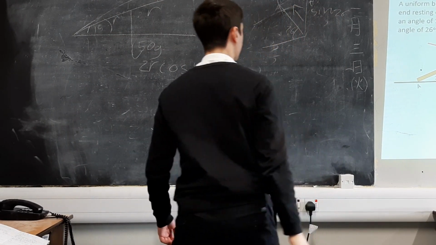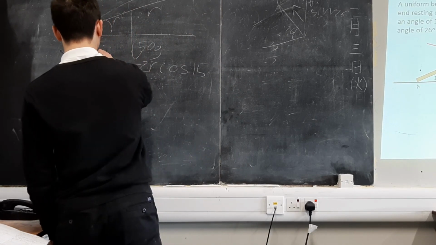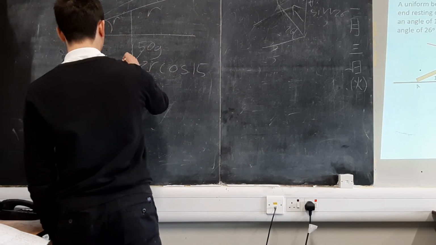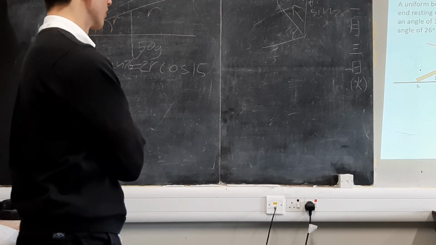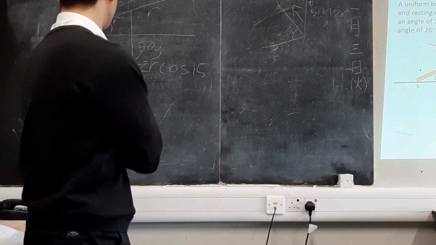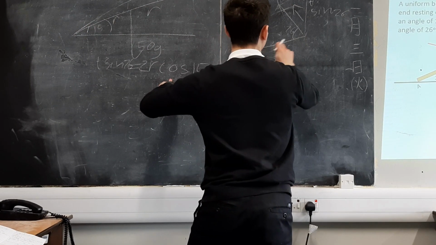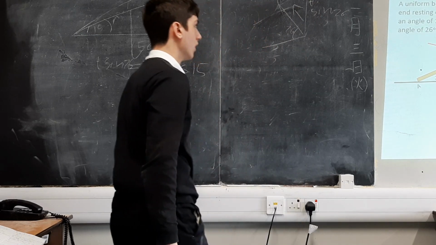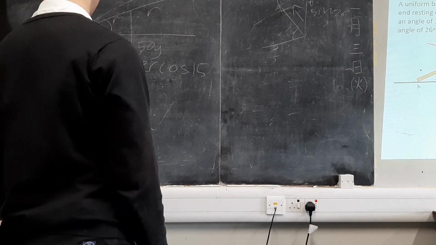So now we only use sine, we set T sine 26. That's for the bar being horizontal now, right? Yeah, so the bar is now horizontal. We don't know what T is. We're trying to find T. Oh, find the right tension. Yes, we're finding tension.